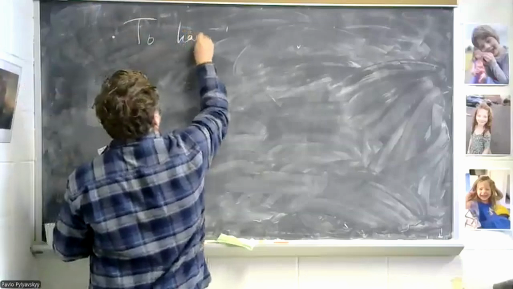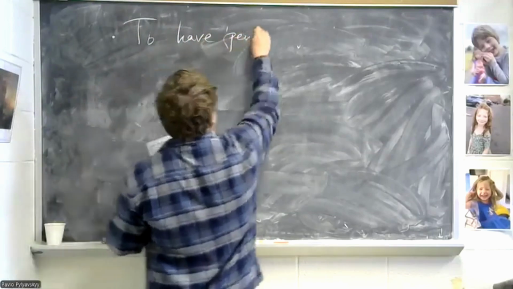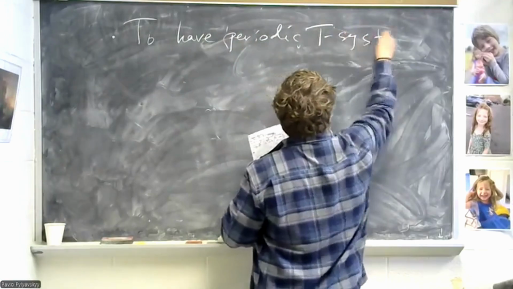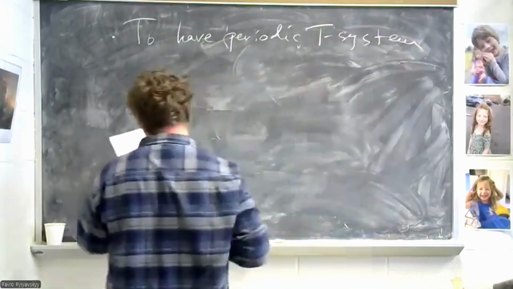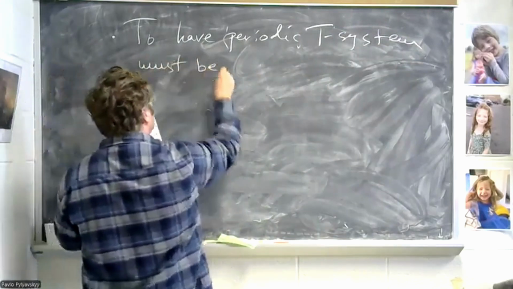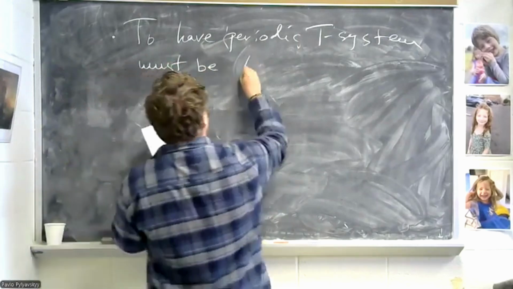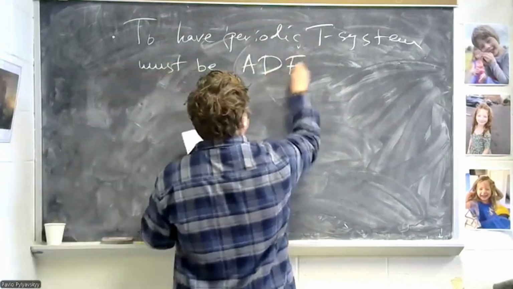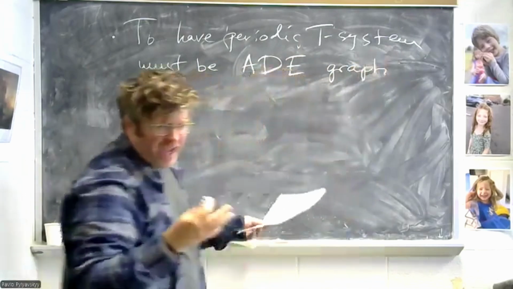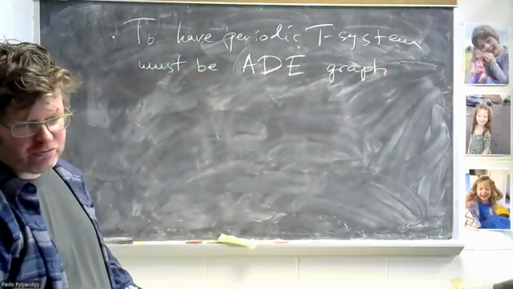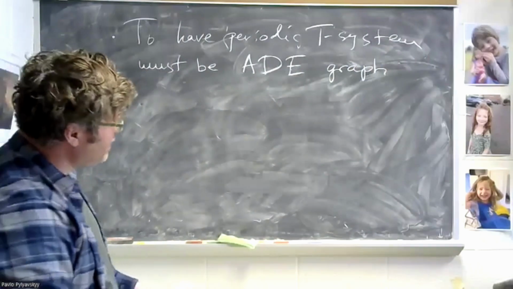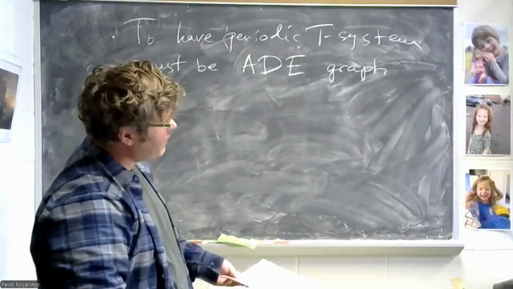To have a periodic system, you must be an ADE graph, one of those ADE Dynkin diagrams I drew for you. Okay, right, so that's the first conclusion.